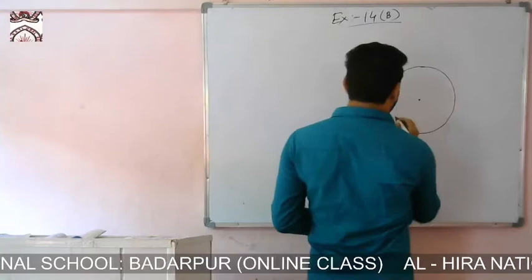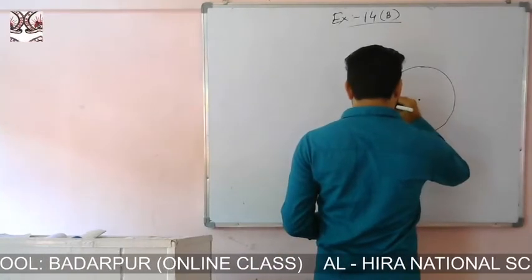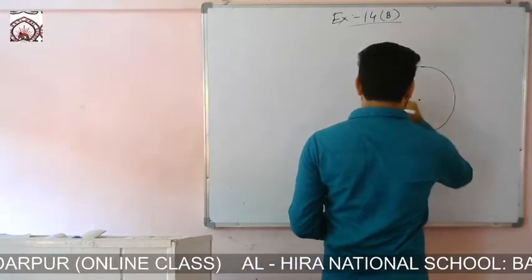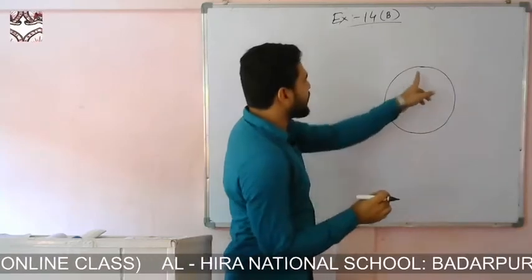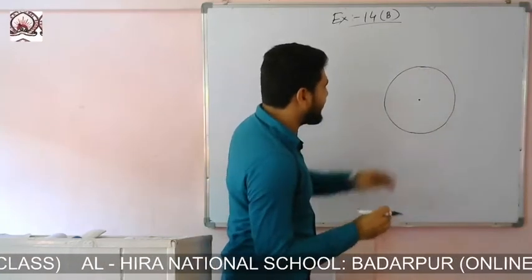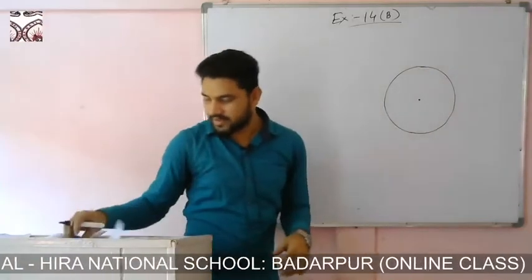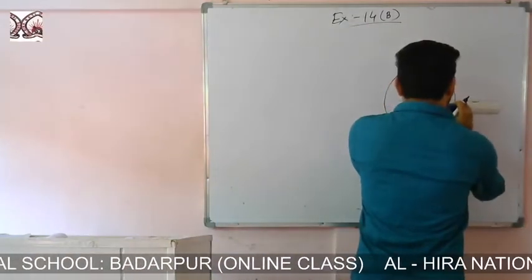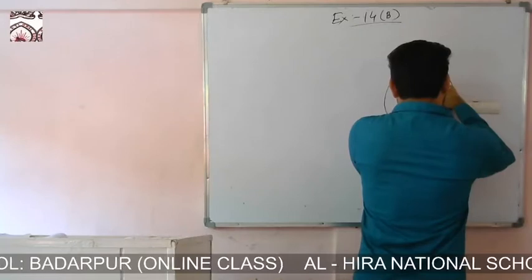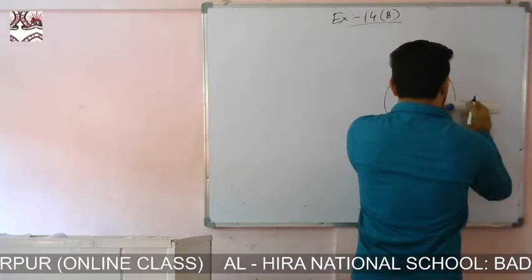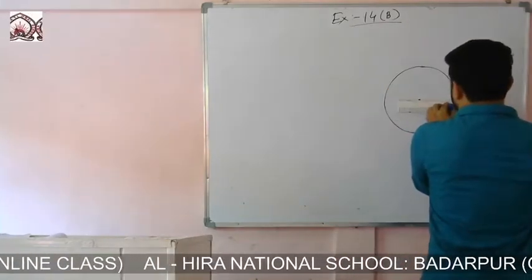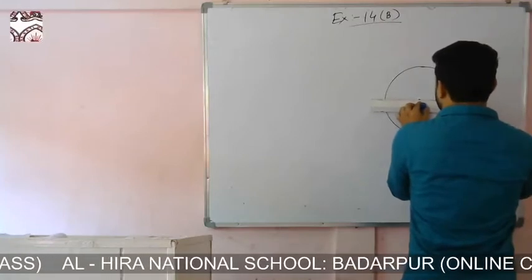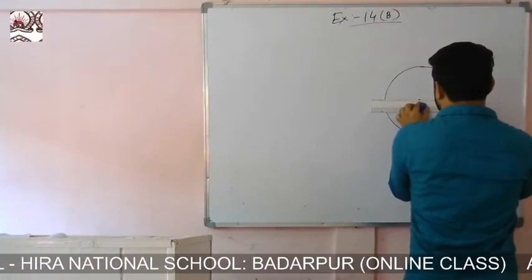From this I have taken the center. You draw it in your copy accurately, you will get the accurate measurement. And this measurement is 3.5 centimeter. So you draw the diameter like this.